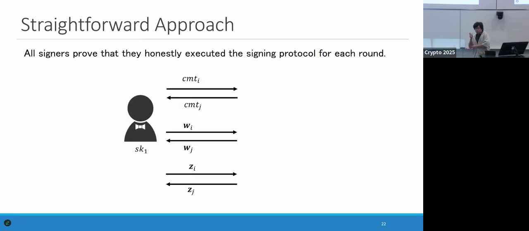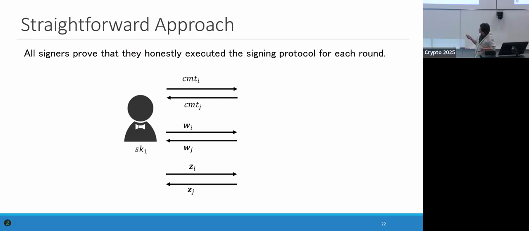Now I move to explaining our approach. If we use NISC, then it is easy to construct an identifiable protocol. Specifically, all signers prove that they honestly executed the signing protocol for each round.